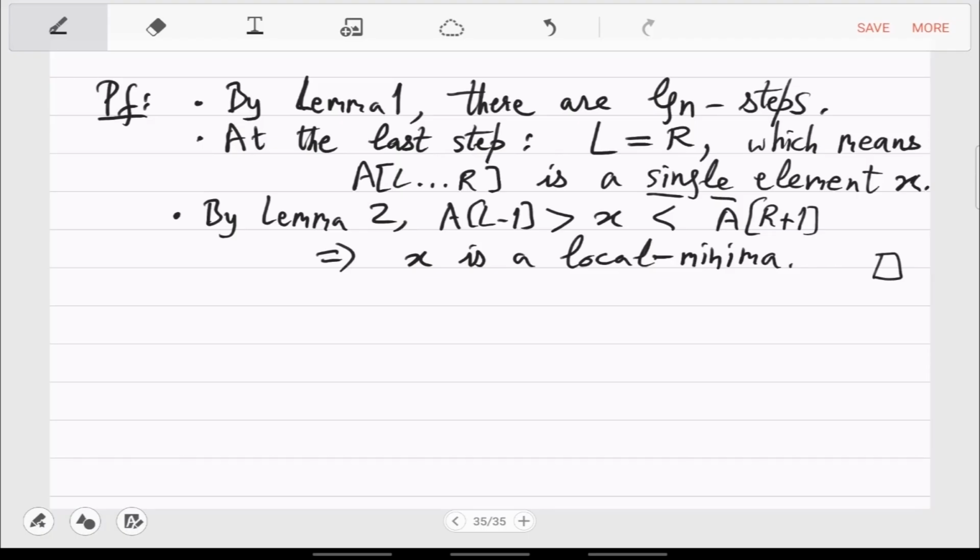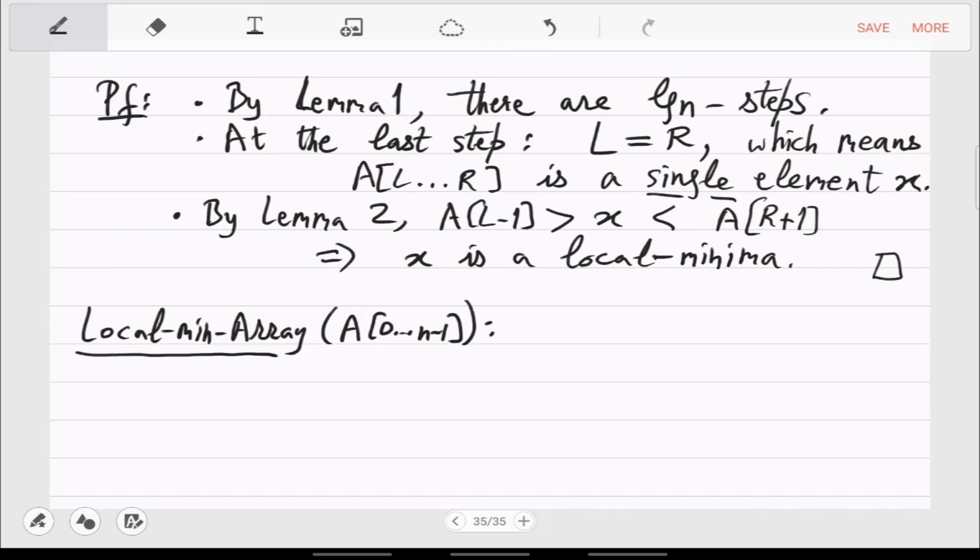So maybe I can write the pseudocode. L will be initialized to 0, R will be initialized to n minus 1, and there will be a variable, let's say found, initialized to false.